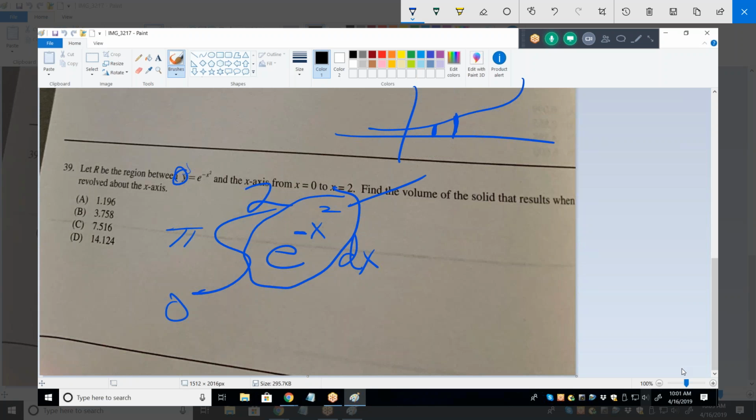There's no function whose derivative is e to the minus x squared. So the only way to integrate this is by using those power functions. Your calculator will do it. Right, it's a calculator question. There's no way to do it manually finding an antiderivative.